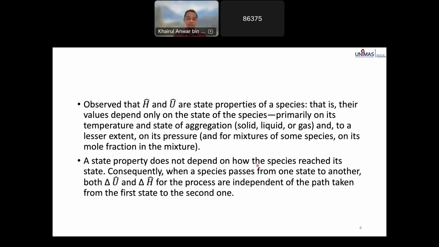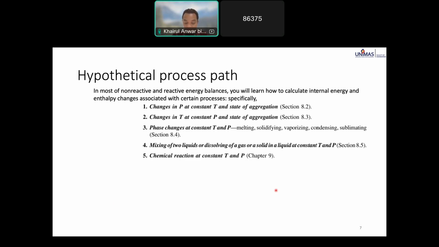Consequently, when a species passes from one state to another, both delta U and delta H for the process are independent of the path taken from the first state to the second one.